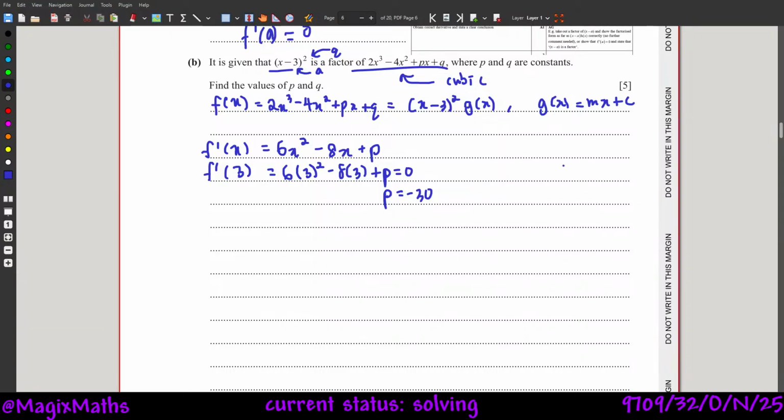So now we have our f of x. Writing back f of x, function f is equal to this minus 30x plus q.